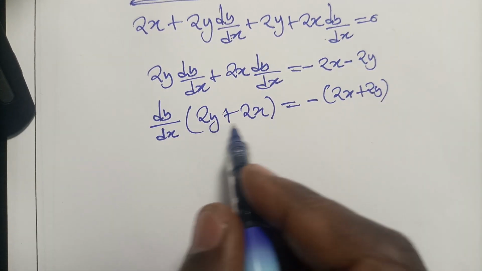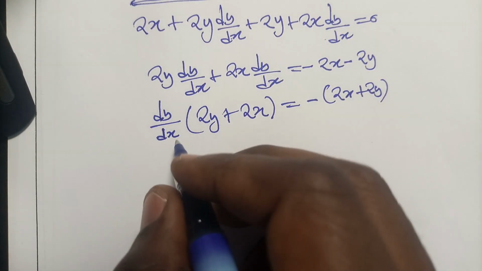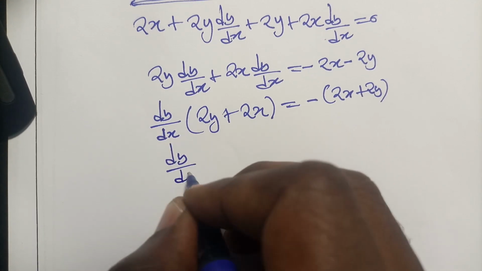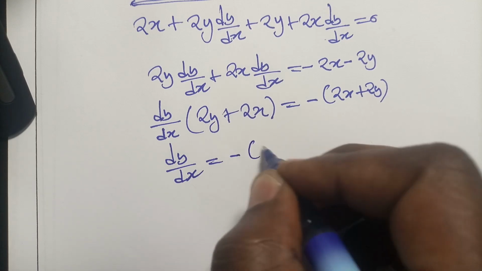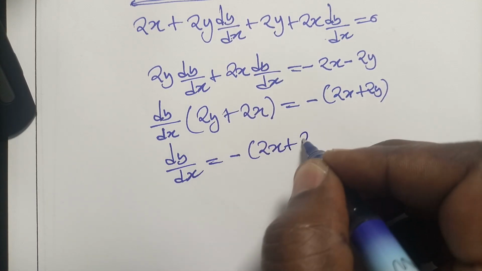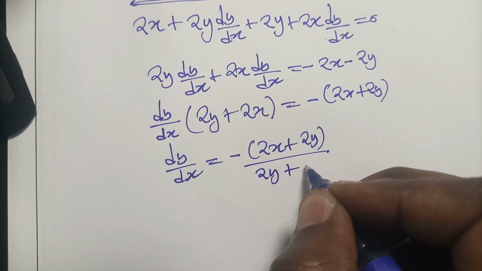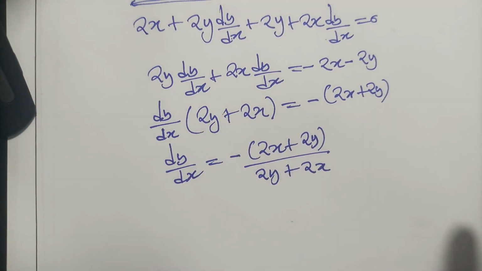Then divide by this. You are going to have dy/dx will be equal to minus 2x plus 2y over 2y plus 2x.